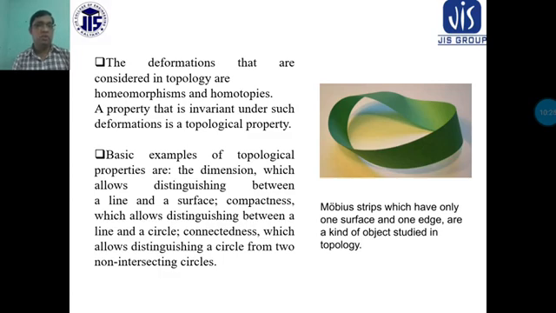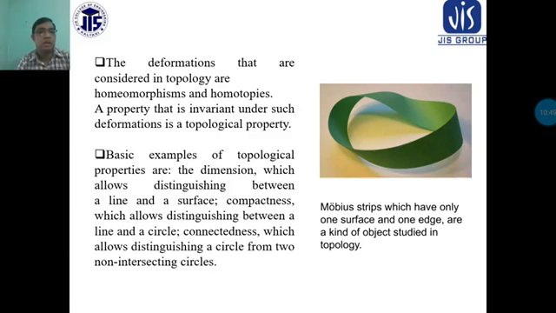Mobius strips, which have only one surface and one edge, are a kind of object studied in topology, as you can see in this picture. The invariance under such deformations is a topological property.